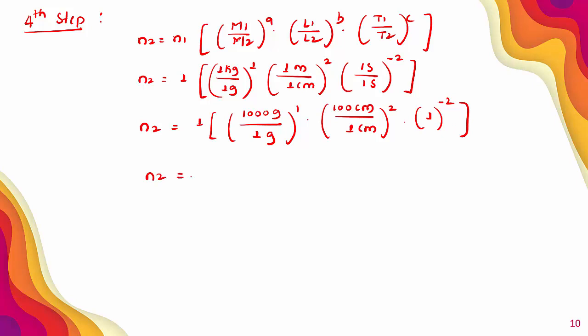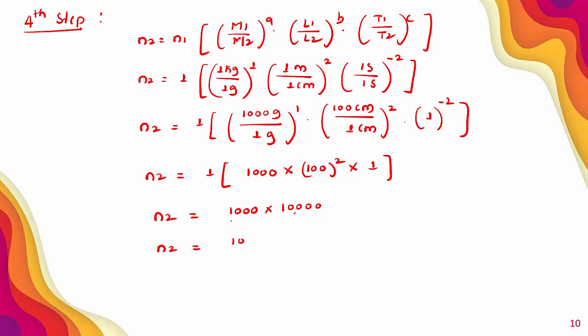Or we can write N2 equal to 1 into 1000 gram divided by 1 gram, that is 1000, into 100 centimeter divided by 1 centimeter, raised to 2. 100 raised to 2 into 1 raised to minus 2 will be 1. So N2 equal to 1000 into 100 squared, which will be 10,000. Right? 1000 can be written as 10 raised to 3, and 10,000 can be written as 10 raised to 4.